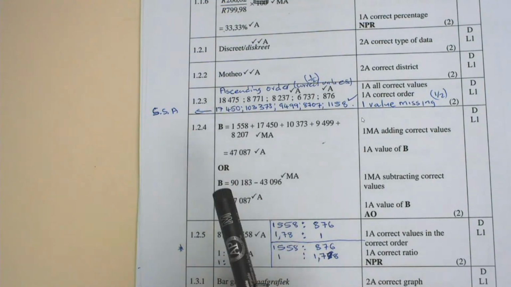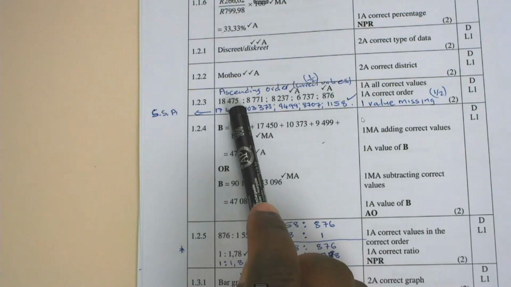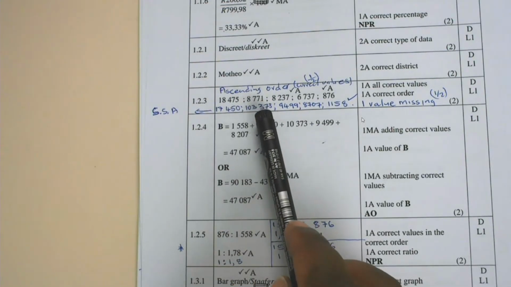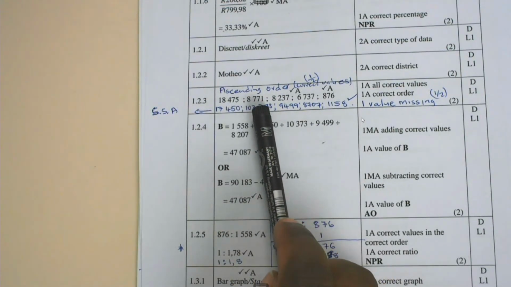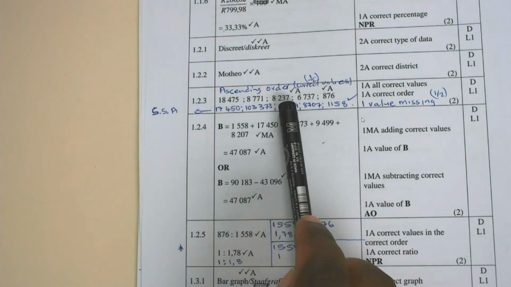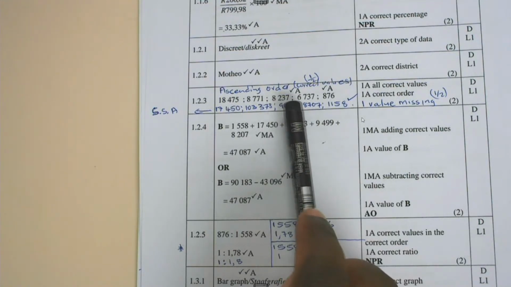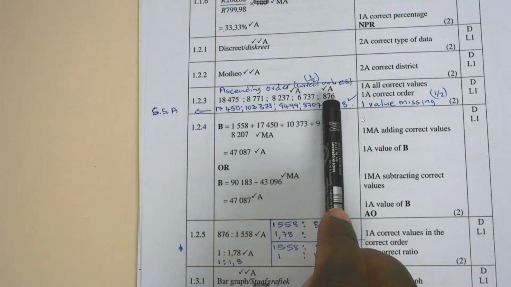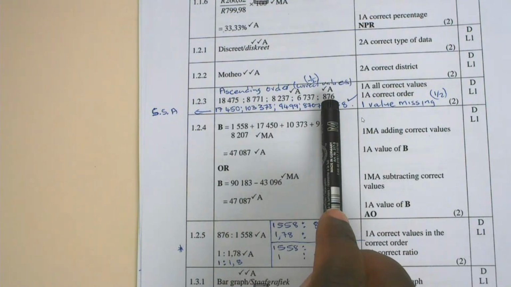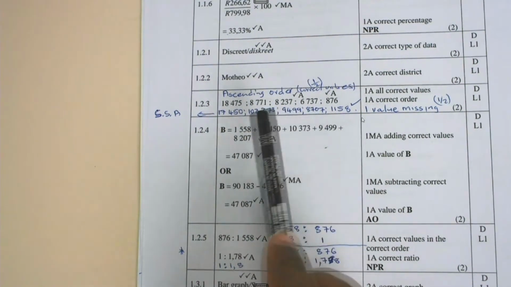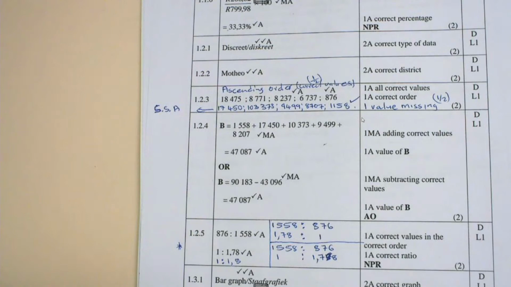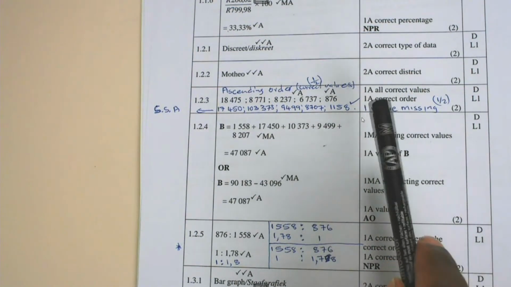It's 18,475, 8,771, 8,237, 6,737, and the last number is 876. Let's look at the marks before you get to the possible answers.